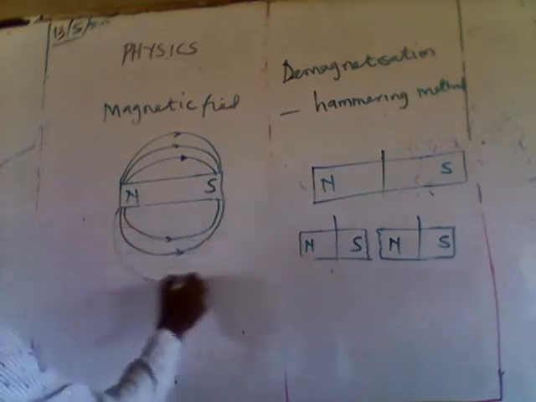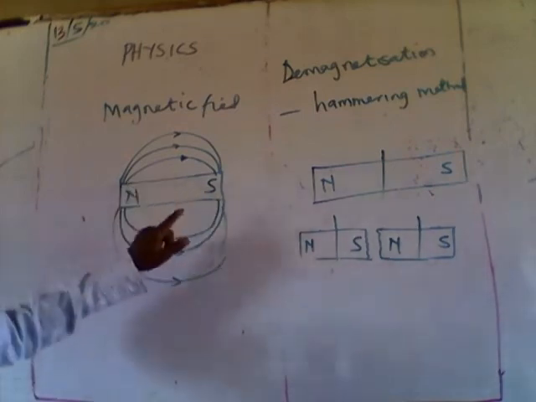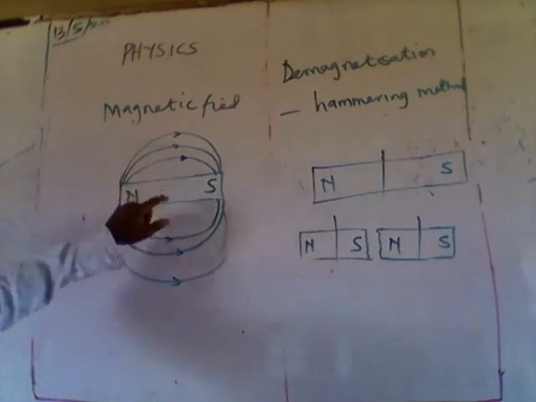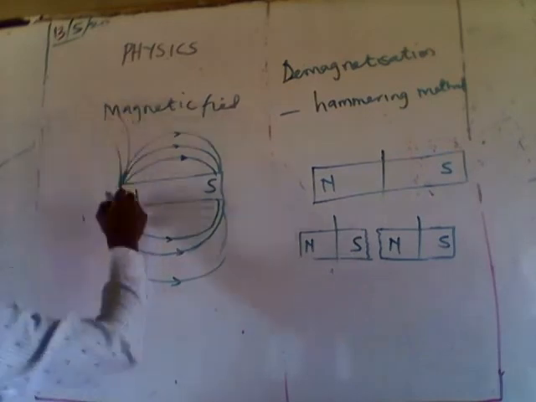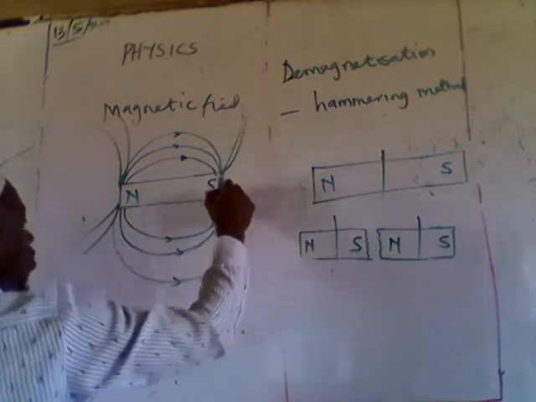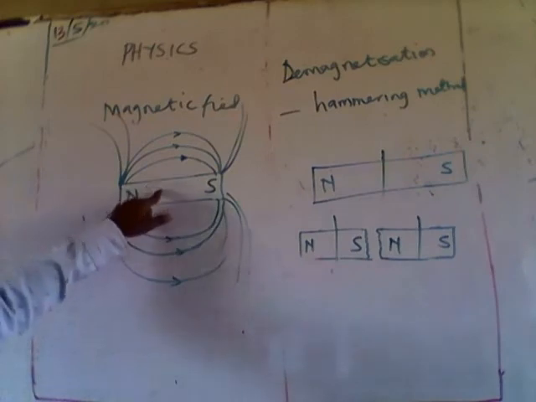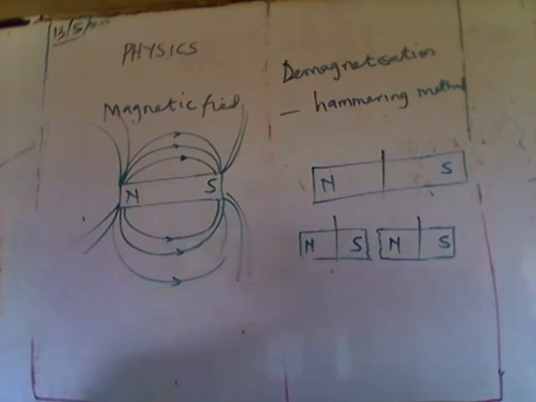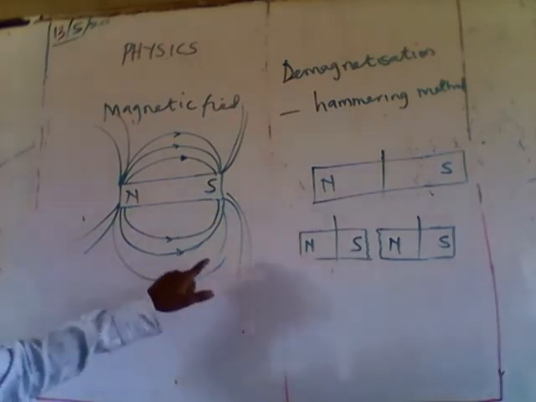We also have other lines of force. This is a magnetic field, the region where the influence of magnetism can be felt or detected. We can also have another like this, and another like this. So this is known as a magnetic field. What do we mean by magnetic lines of force? All these imaginary lines you are seeing will not be physically seen. These are called magnetic lines of force.